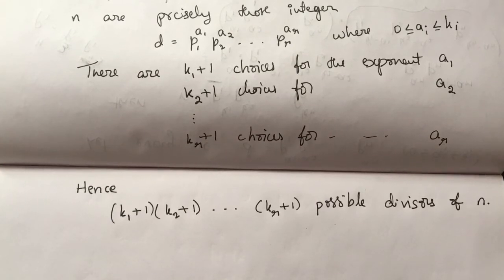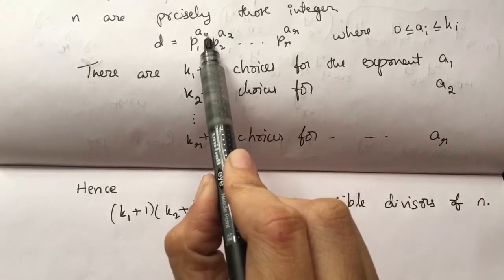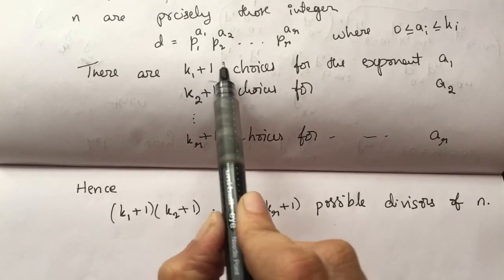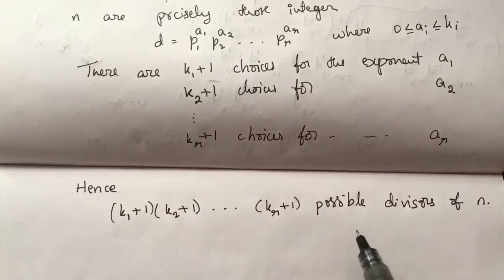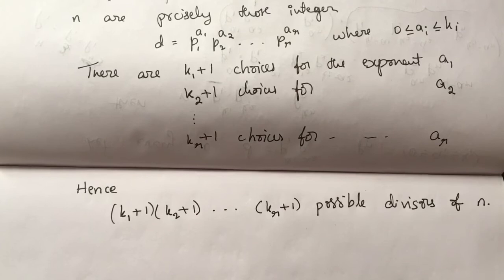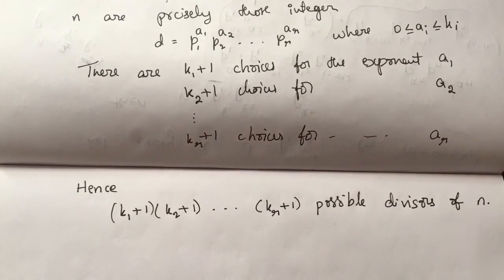Tau of n is nothing but the number of divisors, right? So when each ai has got ki plus 1 choices, when I take all the choices and multiply them, that gives me the total possibility of the divisors of integer n.